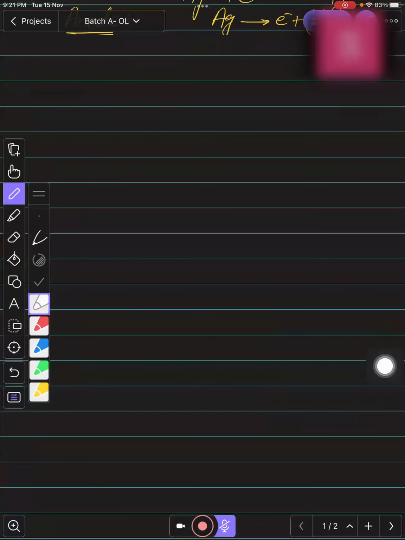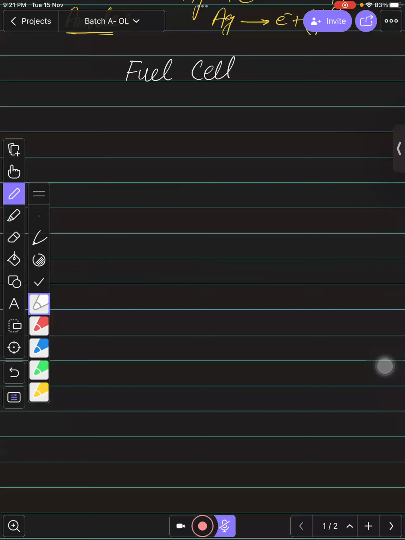Okay, so the last thing of this chapter is the fuel cell, and this is actually the hydrogen fuel cell in our syllabus. You can even name this as hydrogen fuel cell. In this fuel cell, hydrogen is used as a fuel, right?